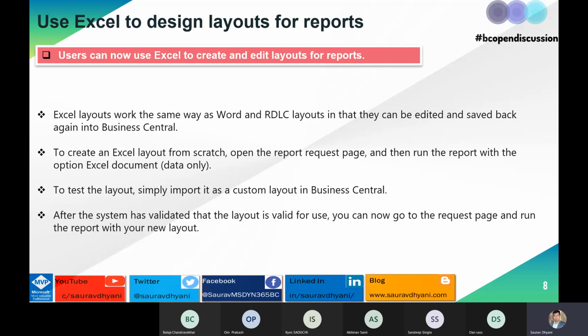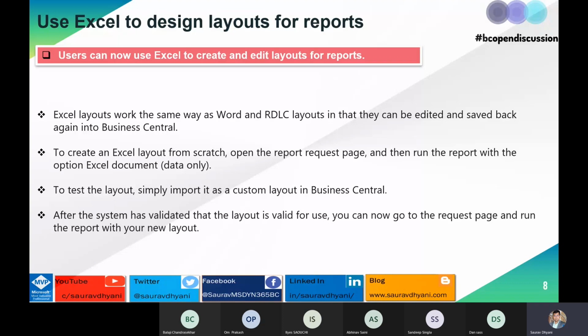Using that dataset, you can use your pivot tables, your charts, and other Excel capabilities that you want, and build a layout there. Once you have built your Excel output the way you want from that dataset, you can save that file and then upload that file back into the database.